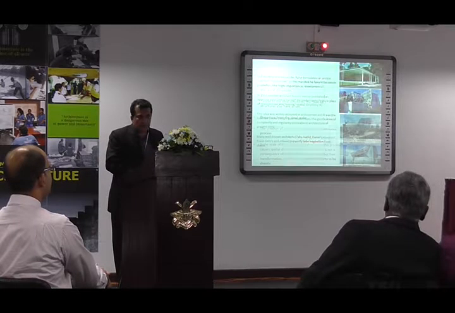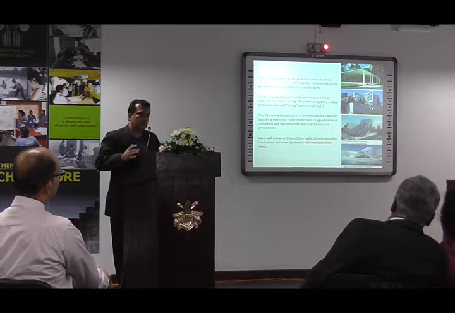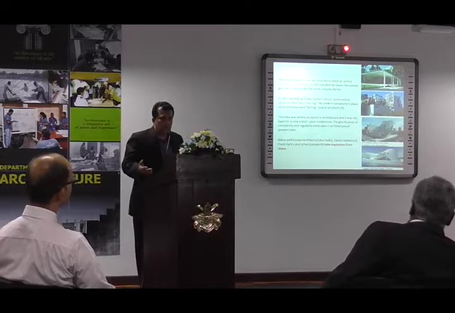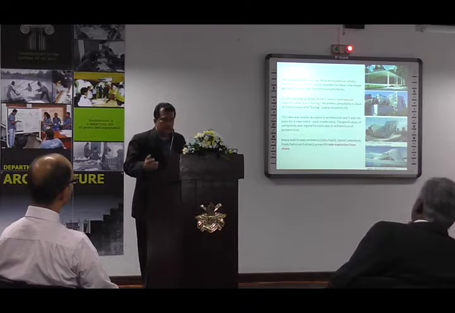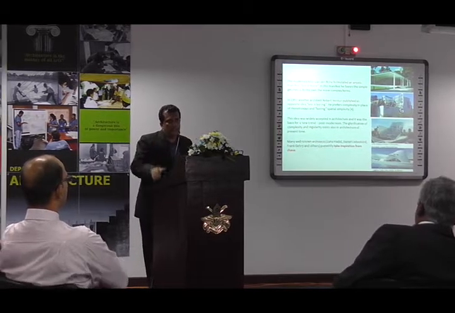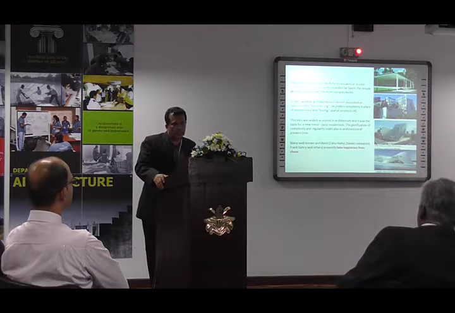There's a stage where people begin to feel that we need to move away from this very formal, rigid kind of approach. Mies van der Rohe came up with the idea of less is more, and his buildings were very rigid and very simple architecture.